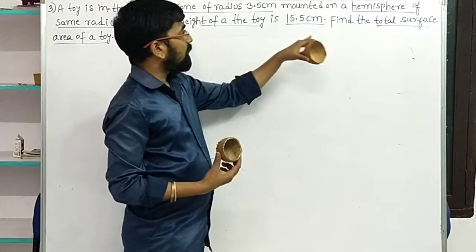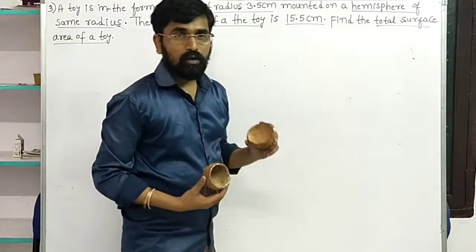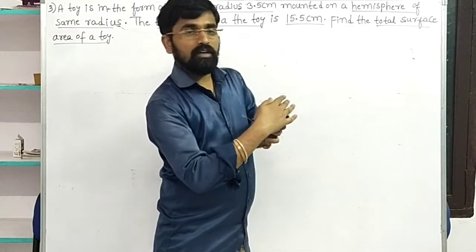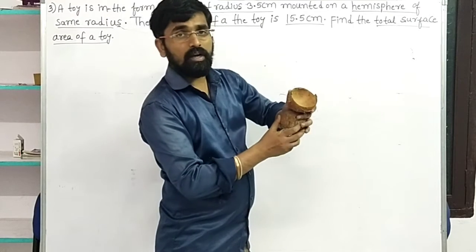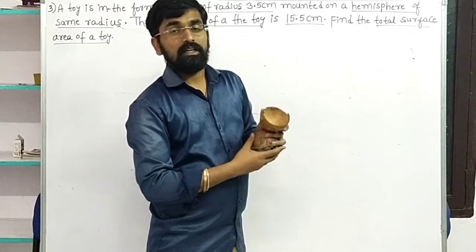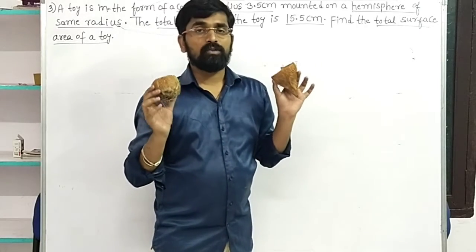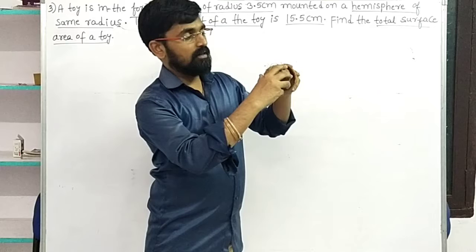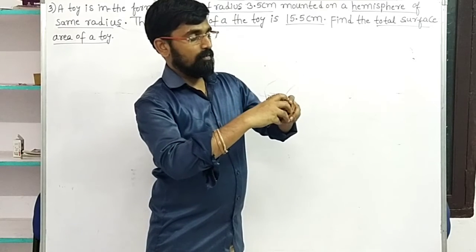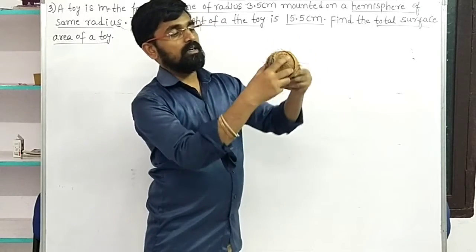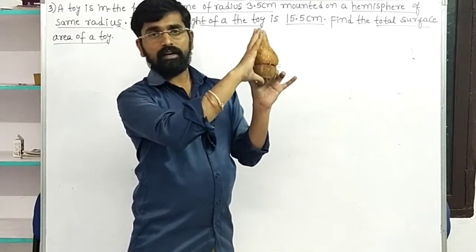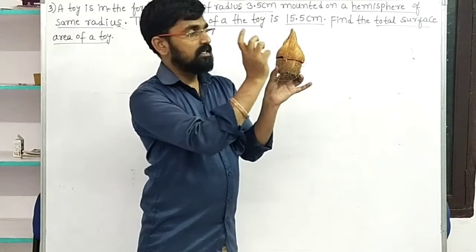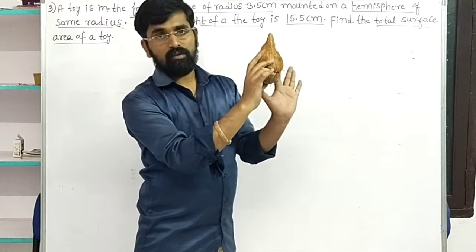Many students will take TSA directly, but that is wrong. Don't take the TSA formula directly. Both together form the surface of the toy, so it is CSA of a cone plus CSA of the other solid.